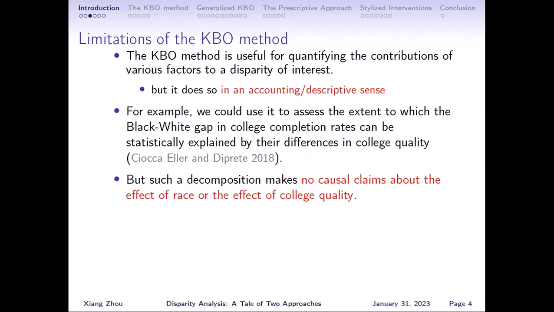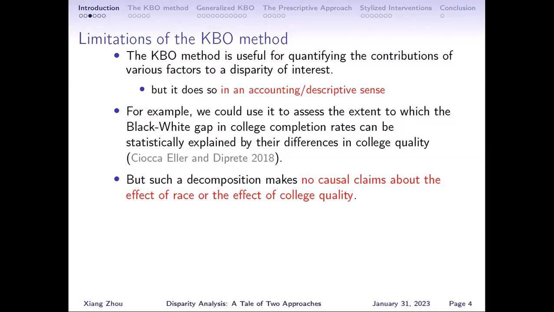So there are two points here. First, we all know it's kind of philosophically tricky to talk about the causal effect of gender, race, or class background or other seemingly immutable characteristics. And practitioners of decomposition methods are usually aware of that.